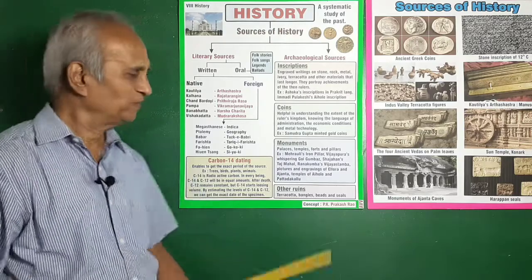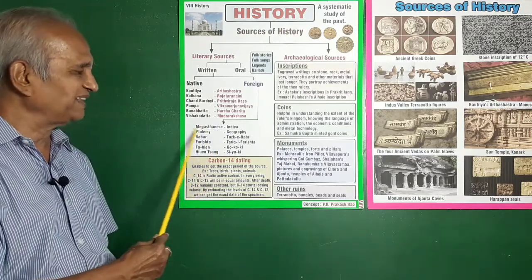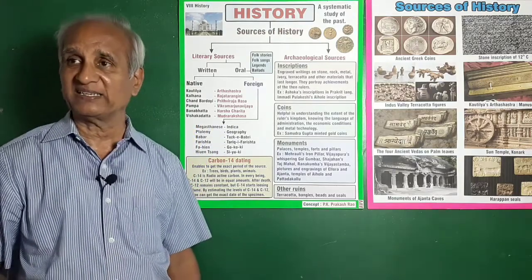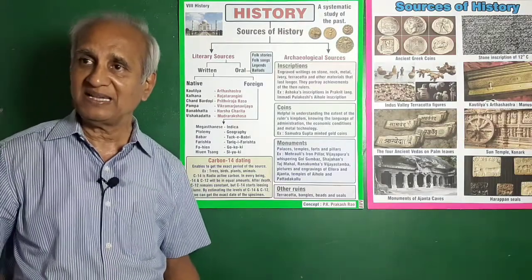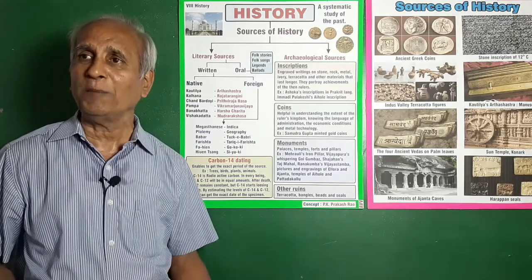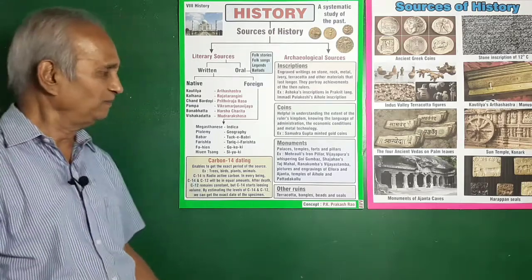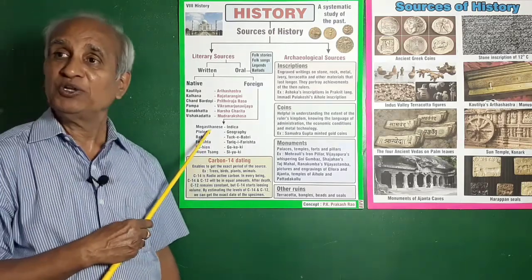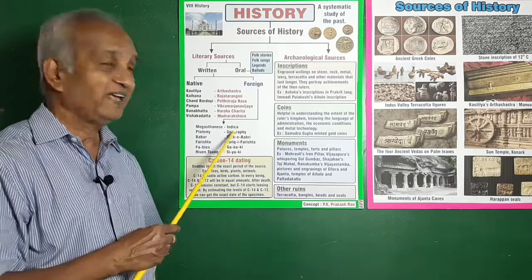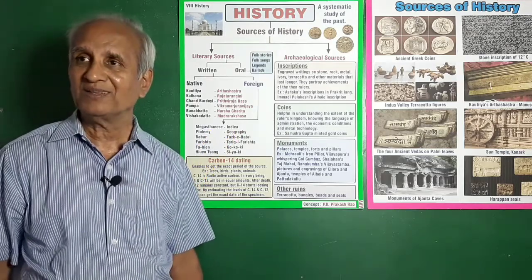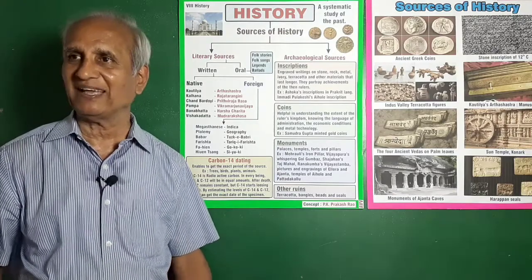Alexander from Greece. Okay, let's see Megasthenes. Megasthenes was a Greek who comes into picture after Alexander. Megasthenes comes to India, doesn't go back. He stays in Maurya's court, and he writes Indica. The word Indica says about India.